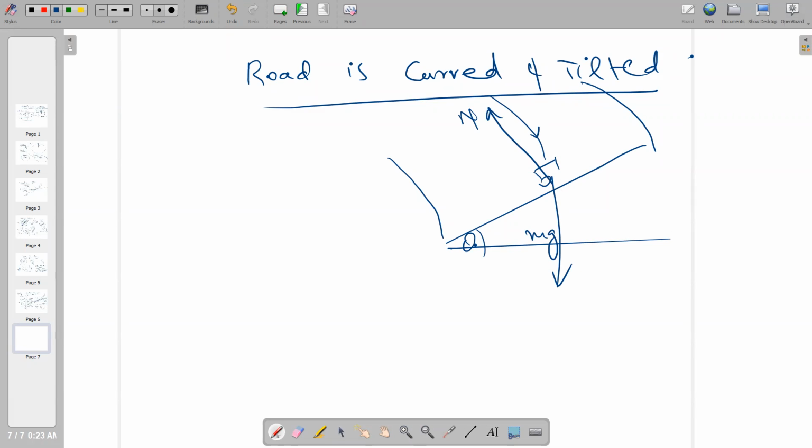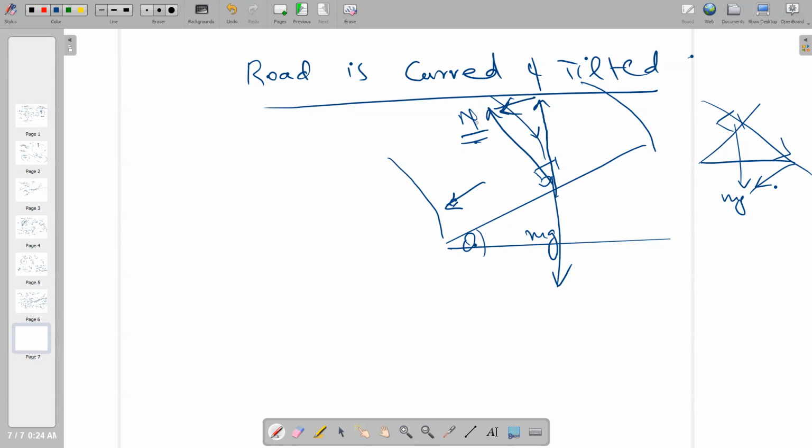In the previous chapter, when we studied the inclined plane, we made the components of the weight. Now here we will make the components of this normal force, one along this side and one along the other, because its curvature is this side.